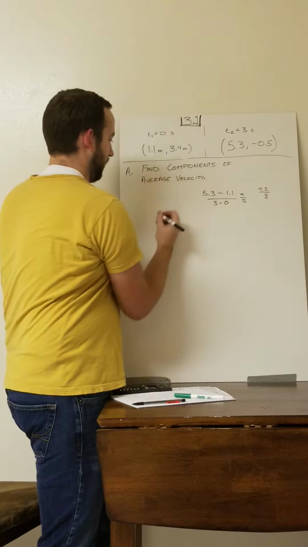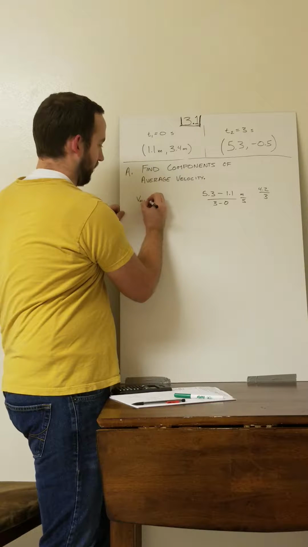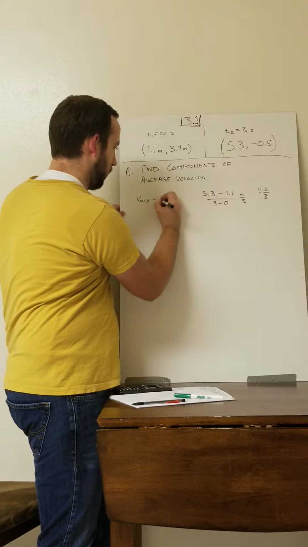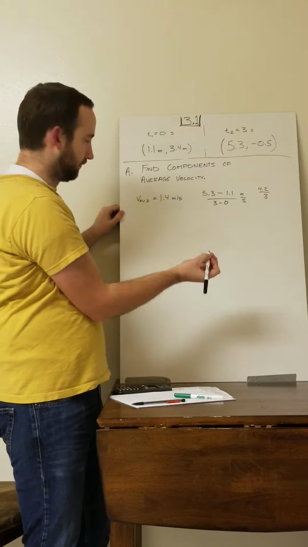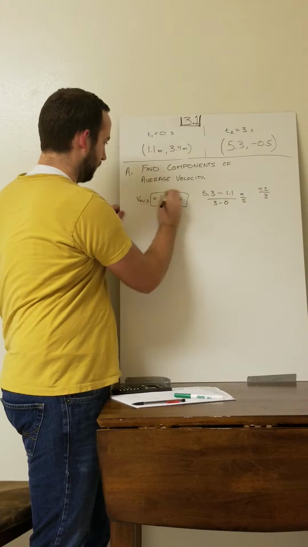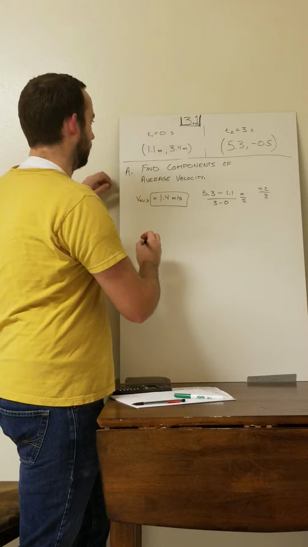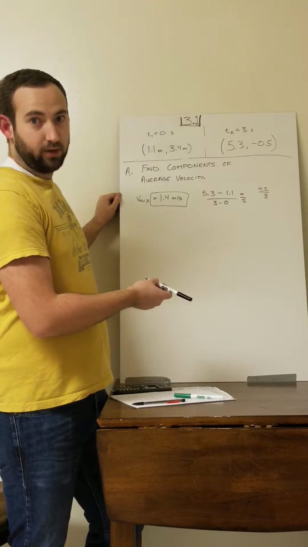So over here I'll just write the average for x equals 1.4 meters per second. So now we just do the exact same thing with the y. So we do y2 minus y1 over t2 minus t1.